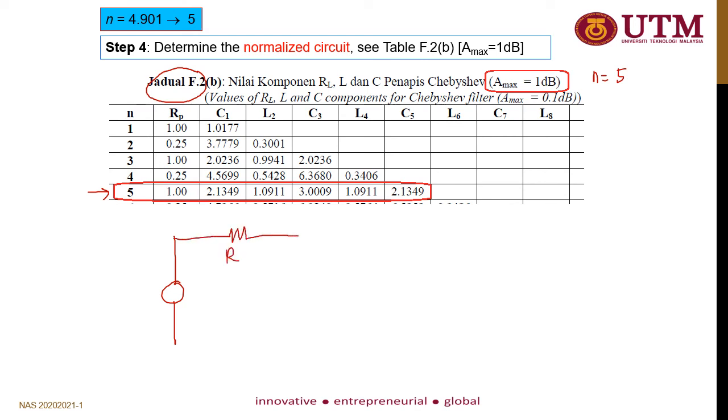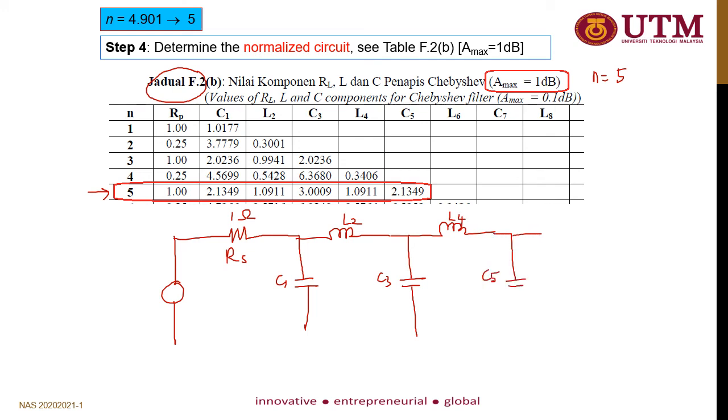You have your RS, we assume it is 1 ohm, followed by C1, then L2, then C3, L4 and C5. Don't forget to terminate your circuit with RL.